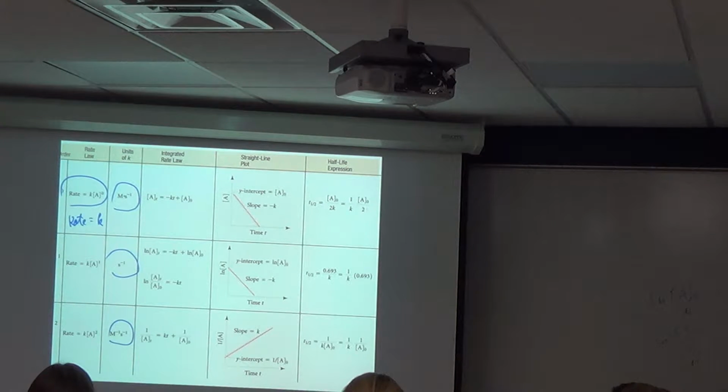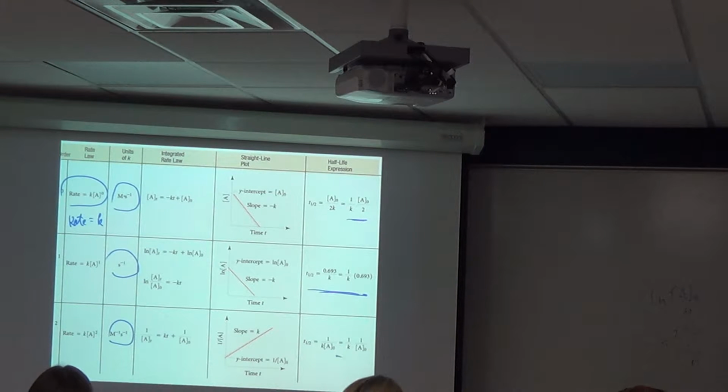Practice on those. See, this is the half-life for the first order. Independent of A0, there's no A0 here. And here is your half-life, that means if you have more, it takes longer to reduce by 1/2.